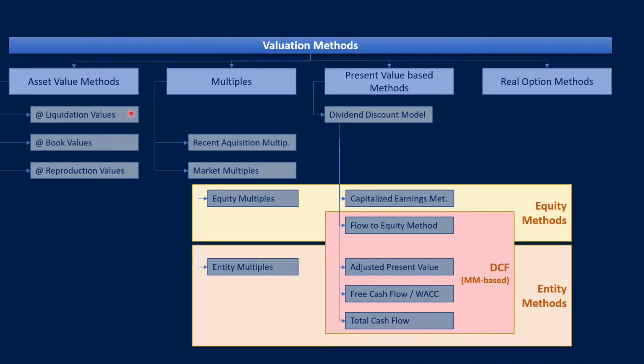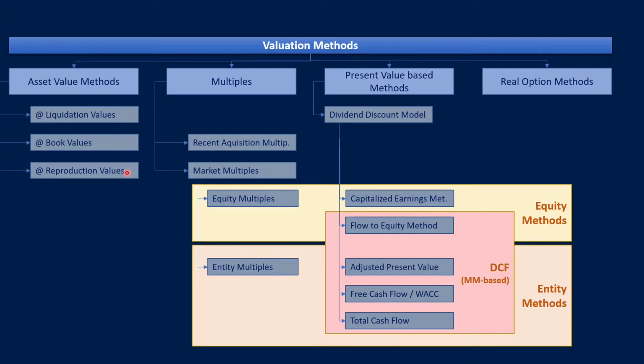The assumed sale price, the liquidation price of these assets, will lead to the liquidation value of the company. Or we see the reproduction values, which means we assume that the company is rebuilt newly, so the purchase prices of all assets are used for the valuation.